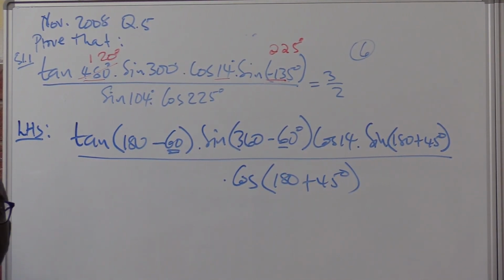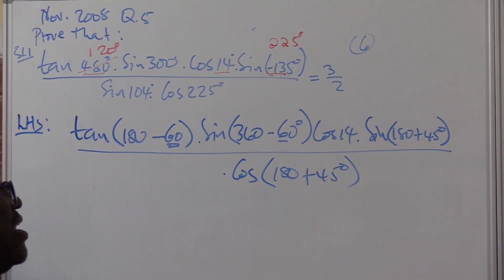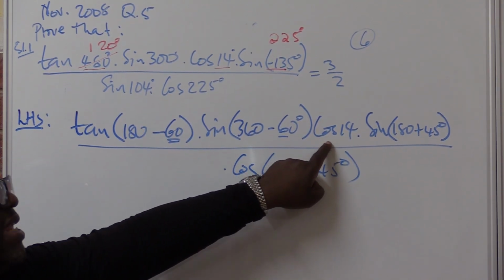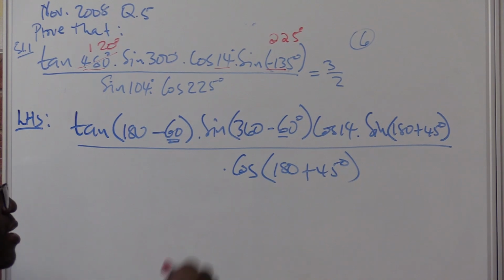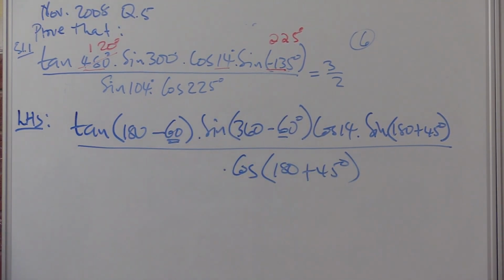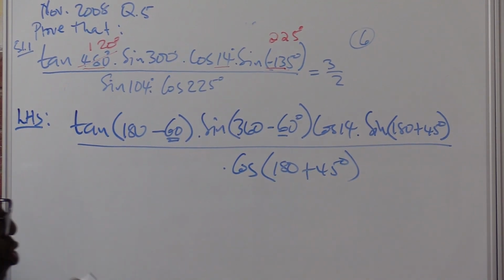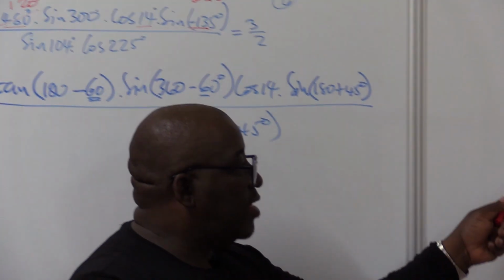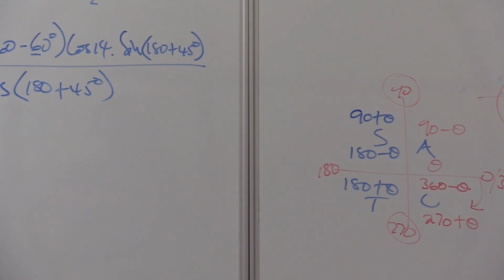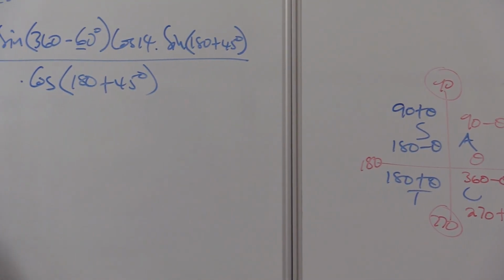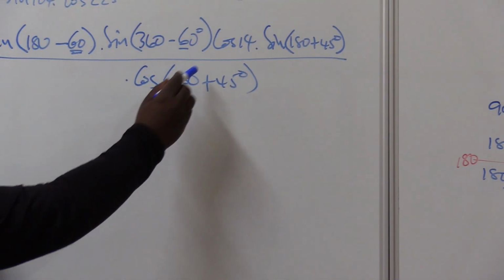Now, I remember at the back of my mind that I had cos 14 and I need to deal with this cos 14. So if I can get cos 14 below, those two will divide each other. Let's work it out. I have sine 104. 104 is in the second quadrant. How do I get this in that? If I have sine, I want to get cos.